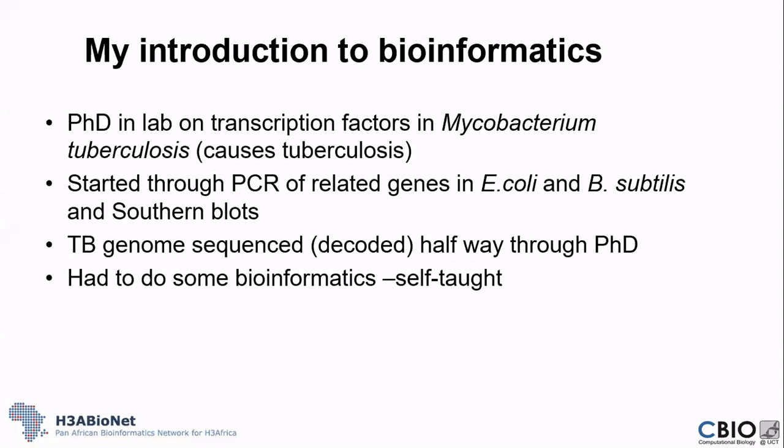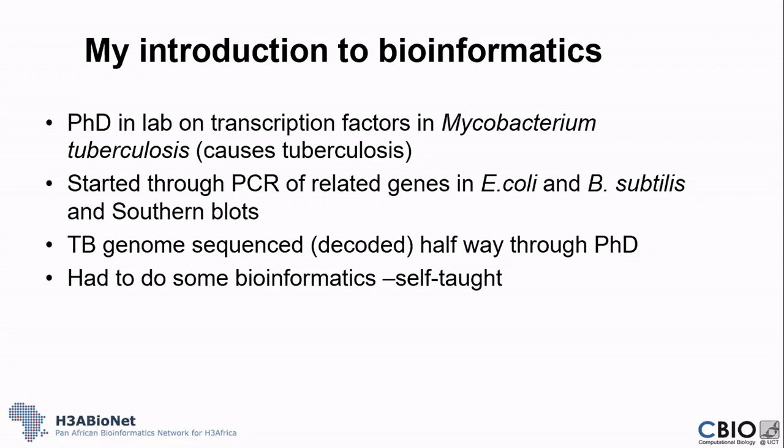So at the time, the genome sequence, the DNA encoding the instructions for this bug, was not yet available, so I had to go through other organisms that did have a genome available and try to find genes that might be involved in this latent state, and use a process called PCR, polymerase chain reaction, which is a lab technique for amplifying something specific out of a genome.